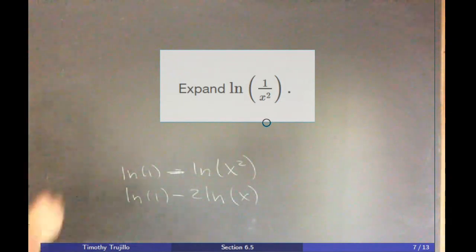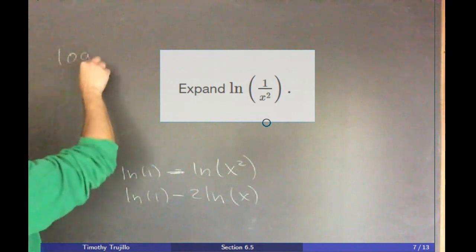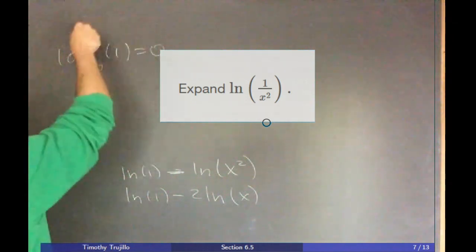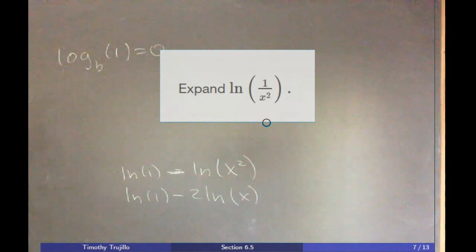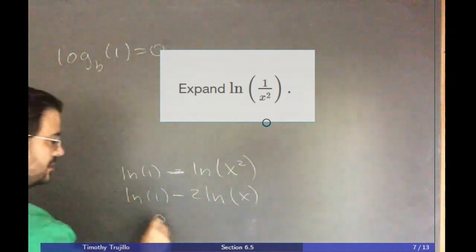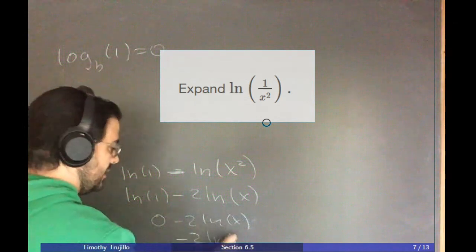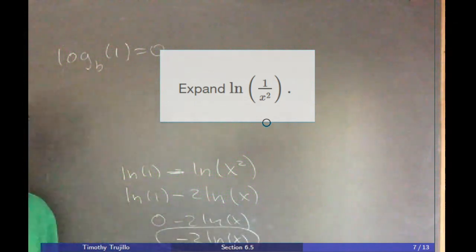And by the way, it's the same for any base. The log base b of 1 is always the exact same thing. It's always 0. And that's again because b to the 0 is equal to 1. So this is really 0. So this is 0 minus 2 times the natural log of x. And if we simplify, here's the expanded form.